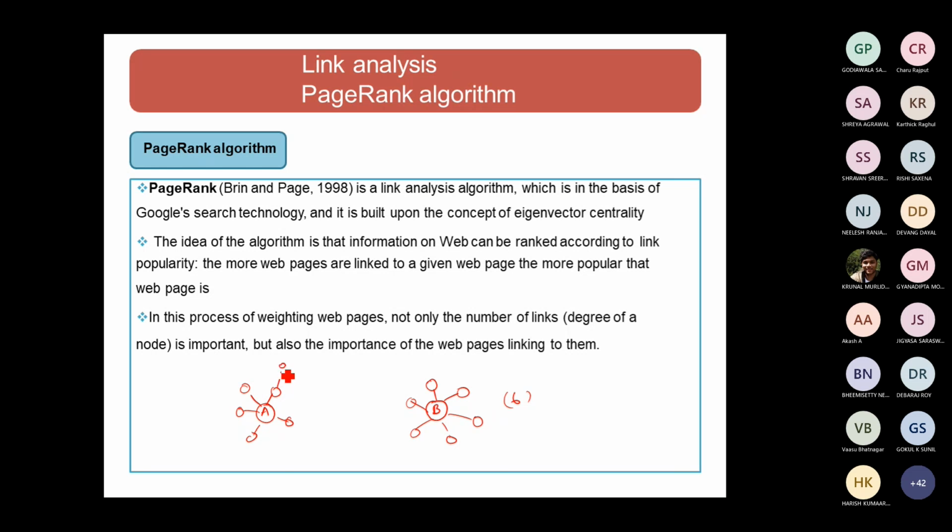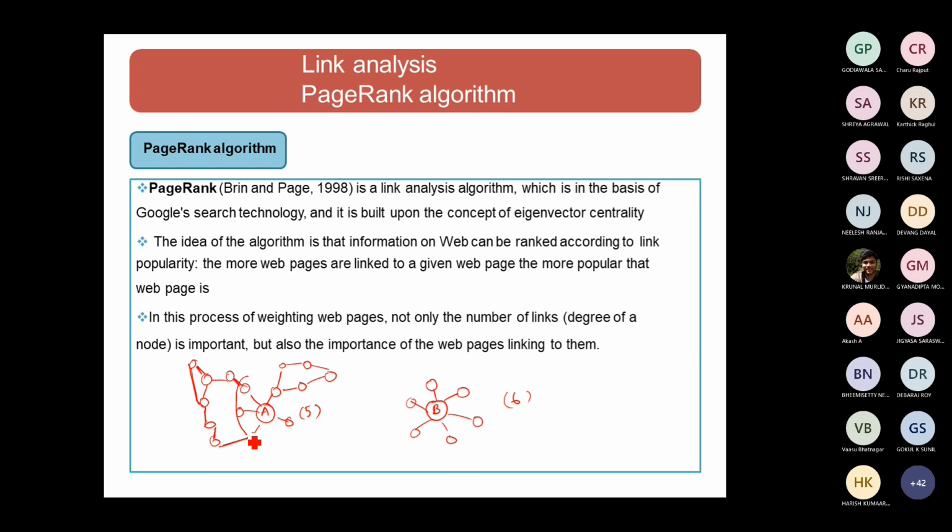From this node, I can go to some other web pages which are connecting to this A. I have this type of links. This one is having 6, but this is having only 5 direct connections. But see, these connections are leading to some other web pages which are connected and associated with a high density.